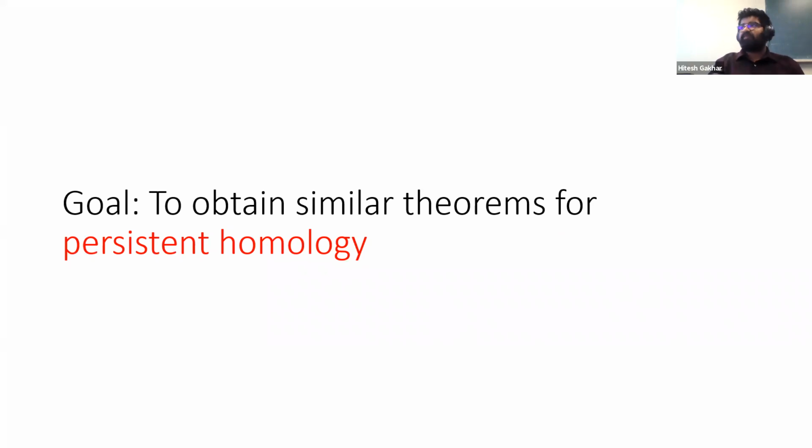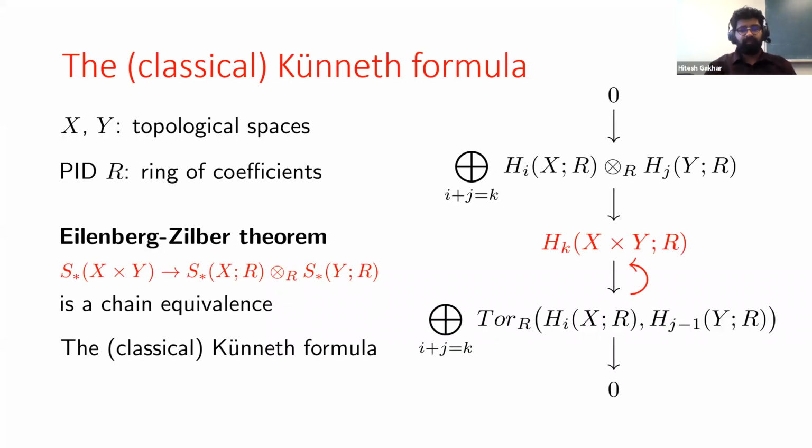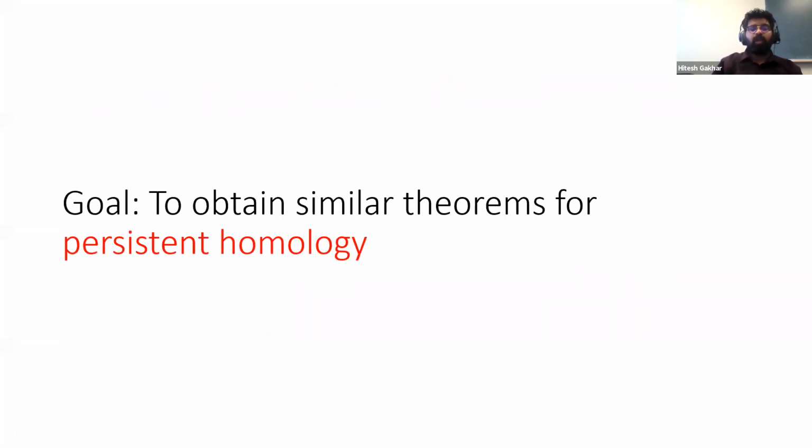That essentially gives us the topological Künneth formula. As you can see, the middle term has been replaced by the homology of the product. So our goal was to obtain similar theorems for persistent homology.